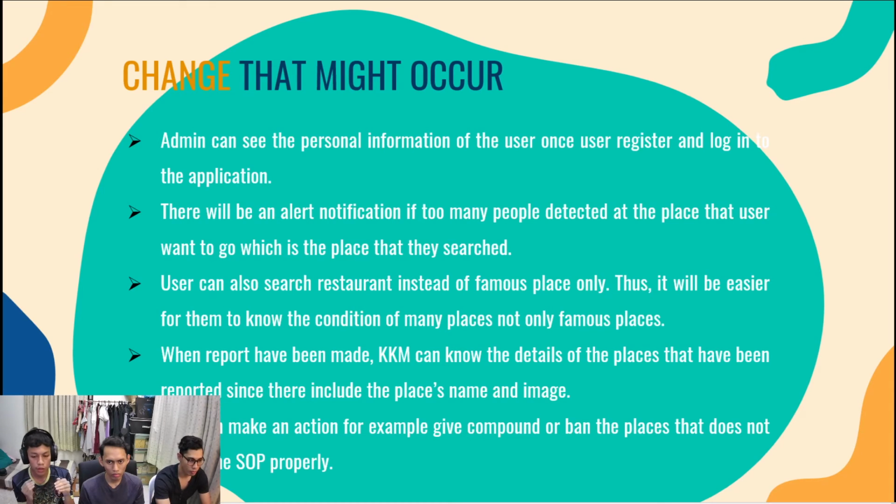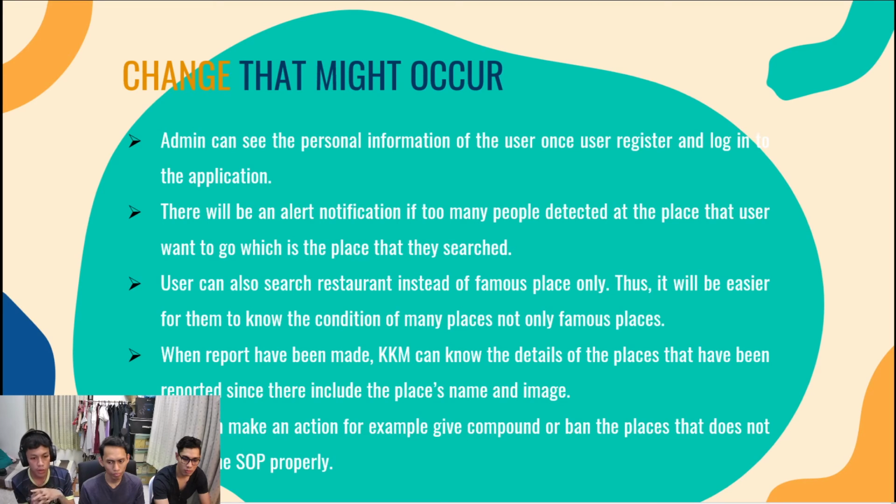When a user wants to go to a restaurant and it is crowded with many people, it will be risky for the people or customers to go there. So this mobile application will give an alert notification to avoid the user going there. So it is safer for the user, and they will not go there if they have an alert notification.